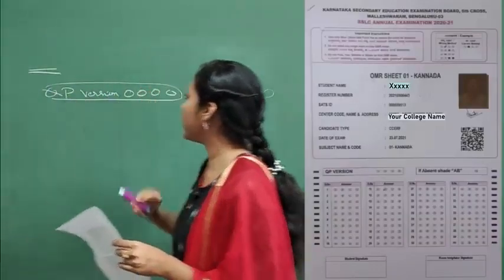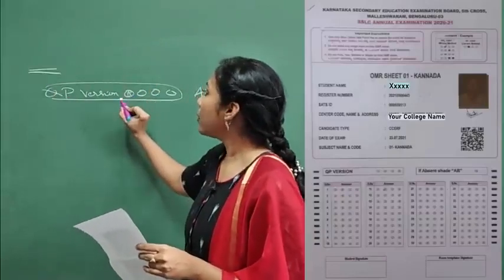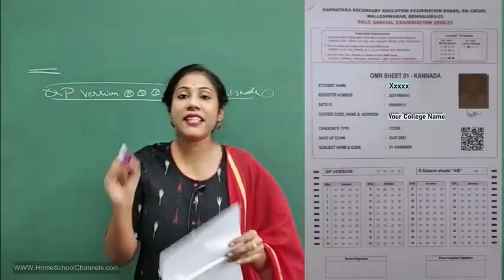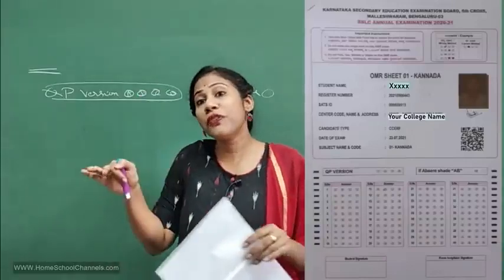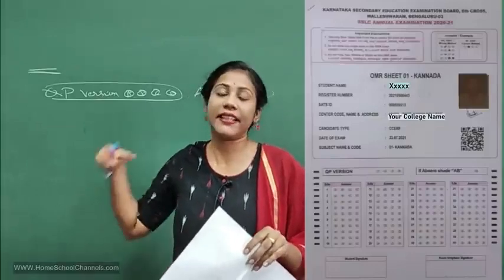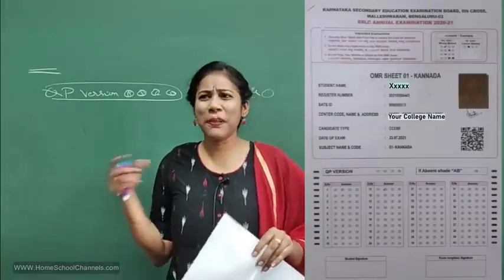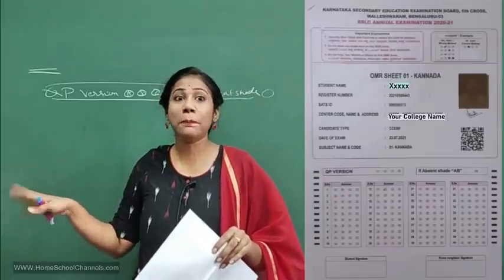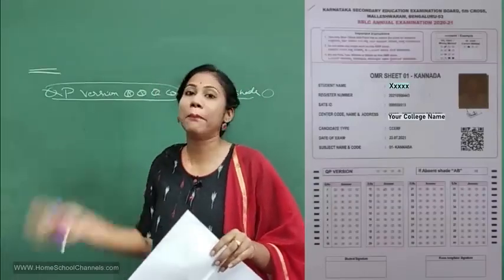See, question paper version. They have given question paper code A, B, C, D. I mean, you will be given a certain set of question paper. Usually 4 sets of question papers would be there: A set, B set, C set, and D set. And the difference between the sets is, the questions will be of the same type, no doubt, but the question numbers will be jumbled up.